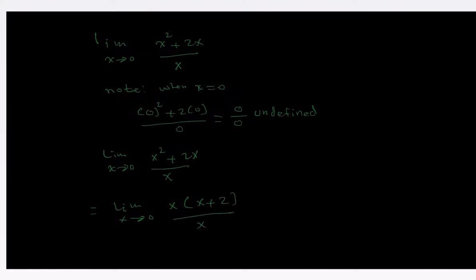The x's cancel, leaving the limit as x approaches 0 of x plus 2, which is equal to 2. So the limit is saying, despite that x cannot be 0, I do exist.